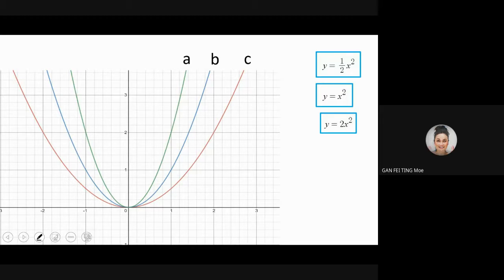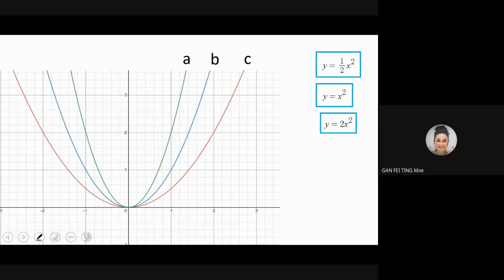You have the red curve as a is positive, where your intercept is 0. That's why you have your equations as y equals 1 over 2x squared, y equals x squared, and y equals 2x squared. You have 3 choices there, and you have lines A, B, C. The first one is the red curve, the second one is the blue curve, and the third one is the green curve. So I named it CBA lah.